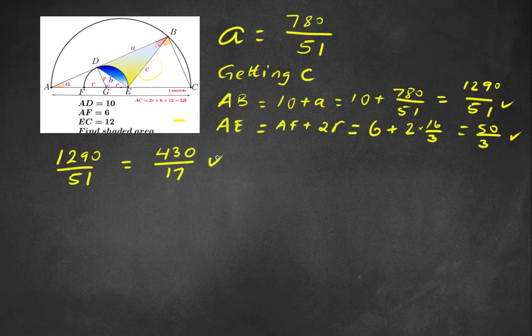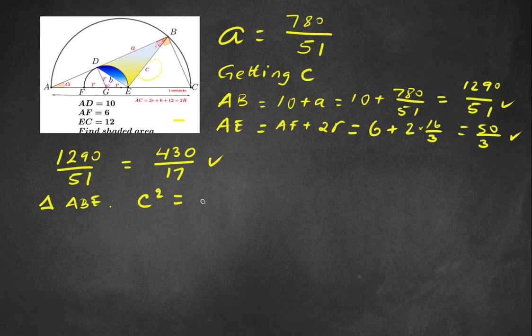To tackle C is very simple. We use the fundamental formula of the cosines, and we have in triangle ABE, C squared, it's C we want to find.